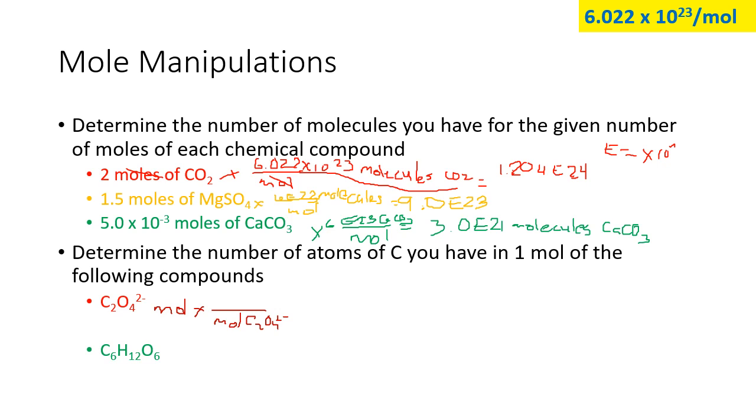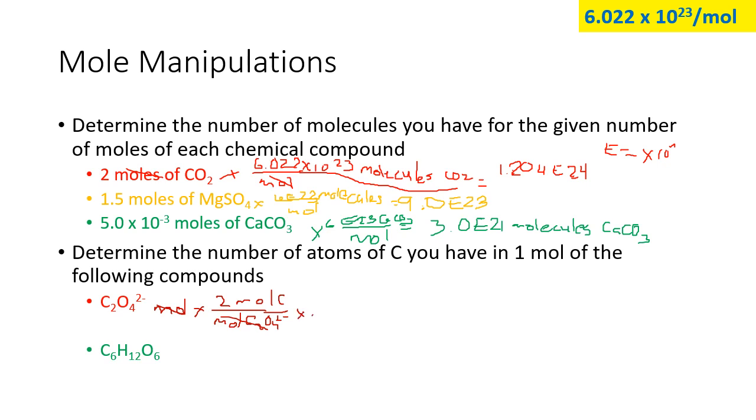And we want to put moles of carbon in the top. So how many carbon atoms do you have in a oxalate molecule? 2. It has the subscript of 2. All right, so we have now successfully converted between moles of oxalate and moles of carbon.